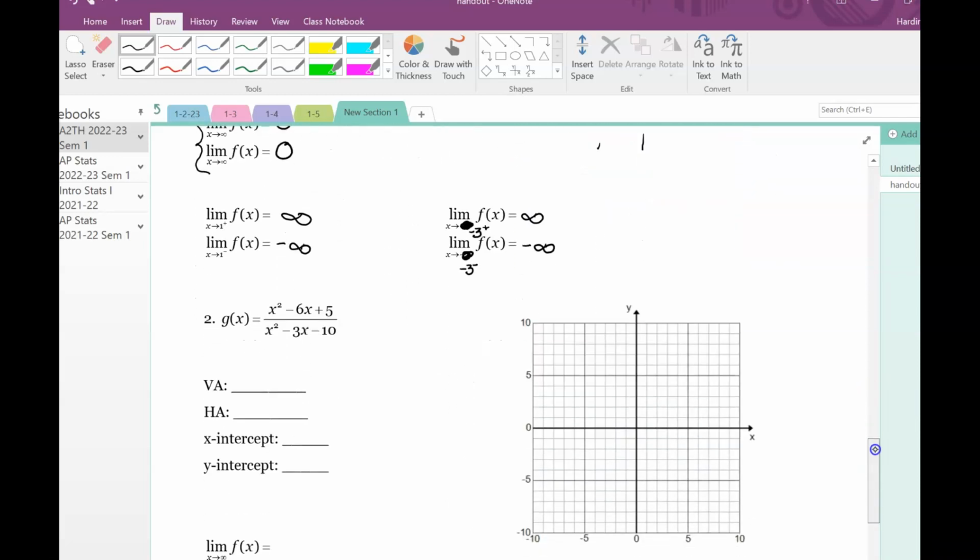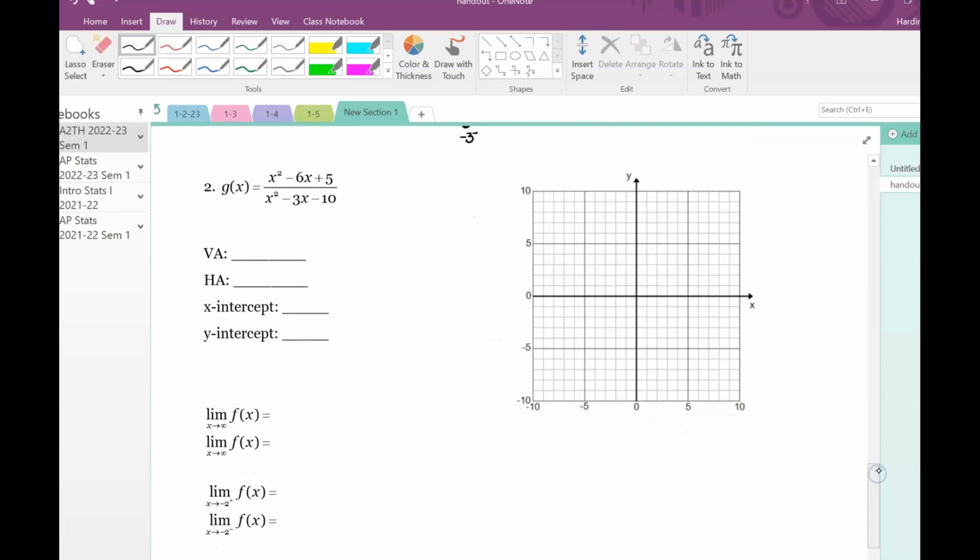All right, the last question. First of all, we need to factor everything. So this is going to be x minus 5 times x minus 1 over x minus 5, x plus 2. This one can be reduced.